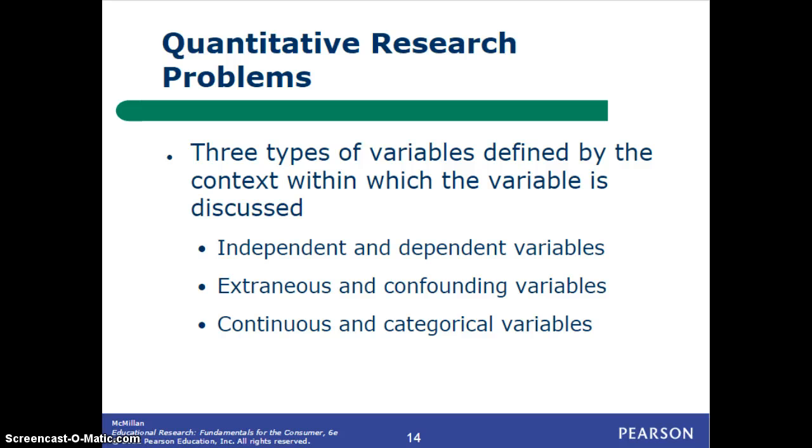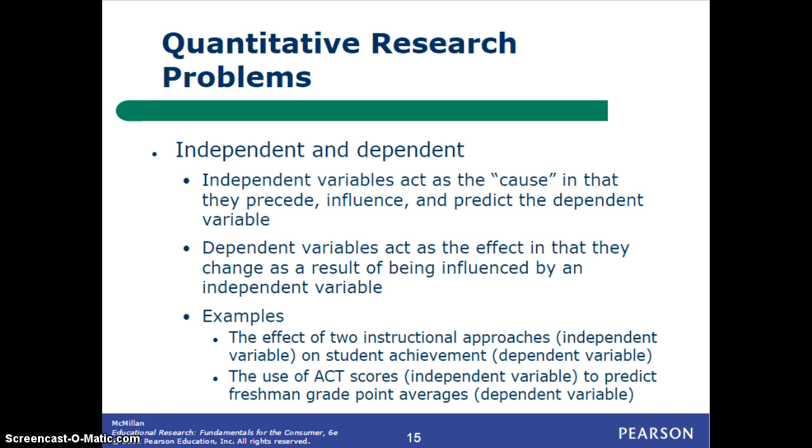There are three types of variables in quantitative research: independent and dependent variables, extraneous and confounding, and then continuous and categorical variables. When I was first introduced to statistics as an undergraduate student, I had a hard time differentiating between independent and dependent variables. I just kept getting hung up on it. Well, here's one way that made sense for me.